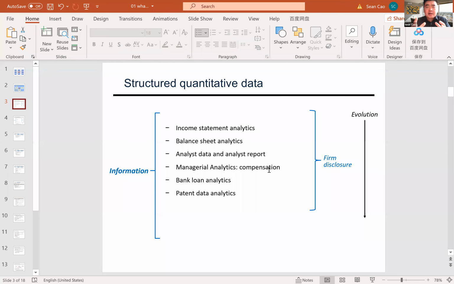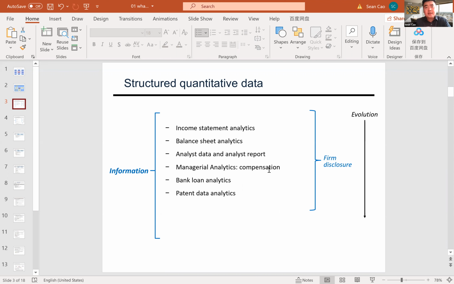You analyze this data, you will know how Apple is doing. You will know how Bank of America is doing. So by analyzing the data, you will know both the health of the borrowers and the health of the lenders. You will know how Apple is doing, how the manager is doing. So this is very important data. I want you guys to keep that in mind. Okay, this is the bank loan data.